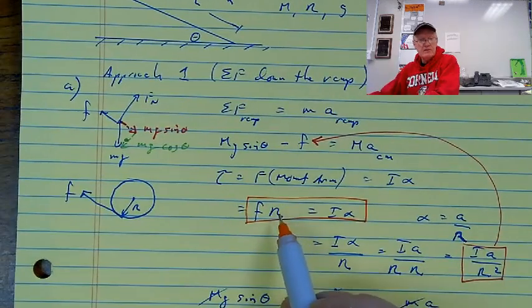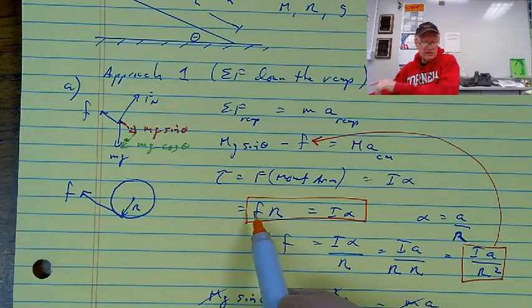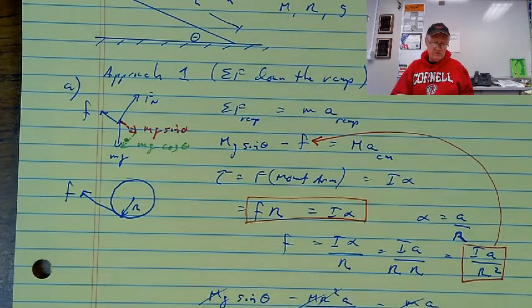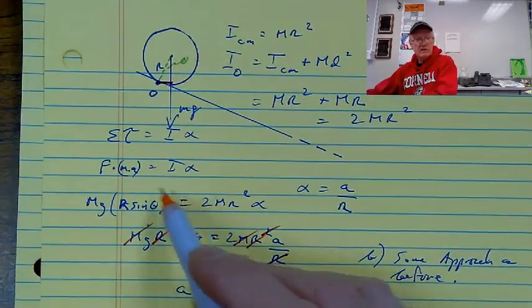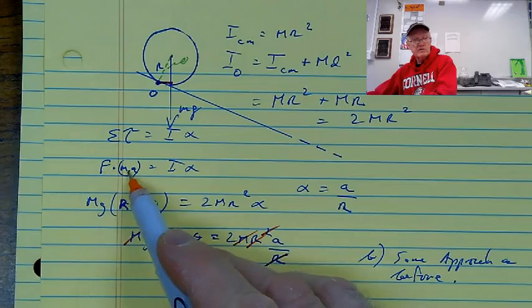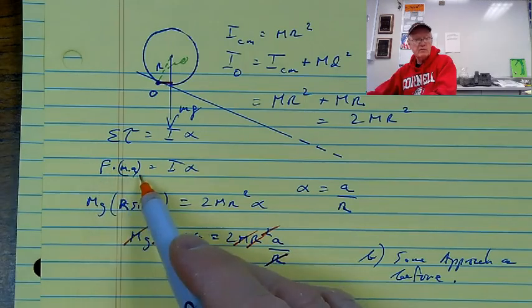And in our second approach, let's see if I can spot a good place to capture it there. Well, we had a similar idea. We had a different expression for torque, force times moment arm, and that's weight times moment arm. So the weight times the moment arm equals I alpha. So if you look right in here, this component never changes.